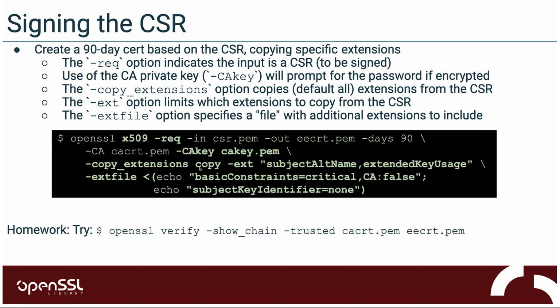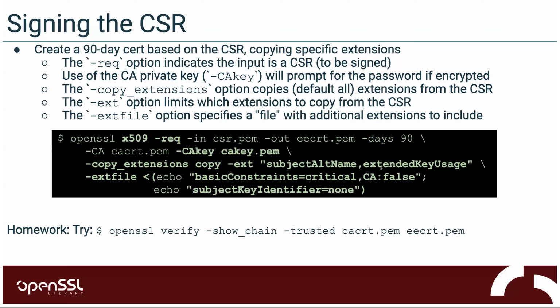I'm telling it to copy the extensions from the certificate signing request. After all, the essential content in there is those DNS names that we put into the CSR. We want them to appear in the certificate, so we have to copy them out from the CSR into the certificate. I'm being explicit about which extensions to include. So I'm saying copy extensions, but by the way, only the subject alternative name and the extended key usage are trusted to be valid in the CSR.